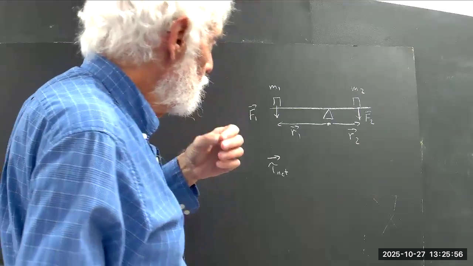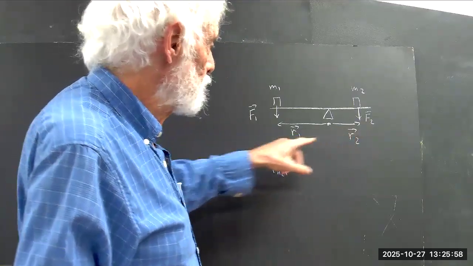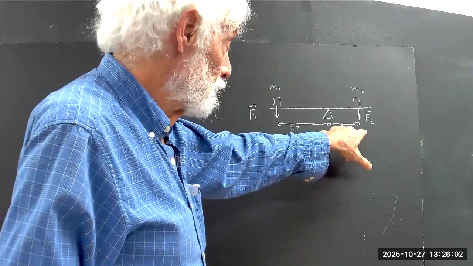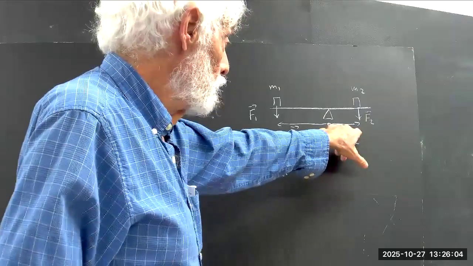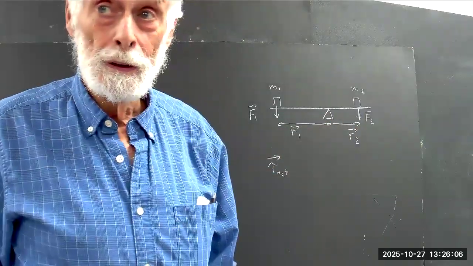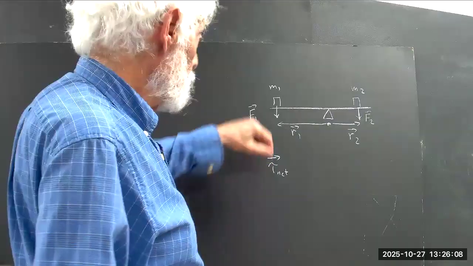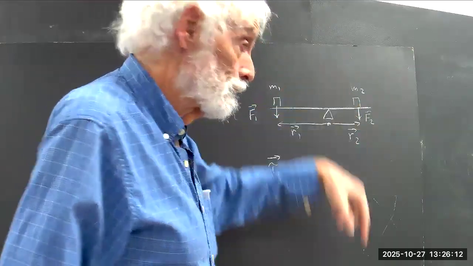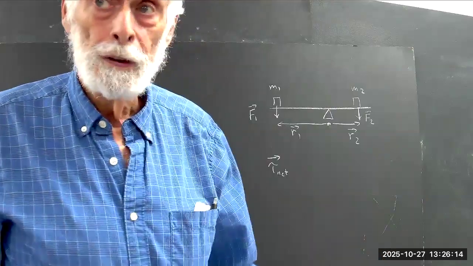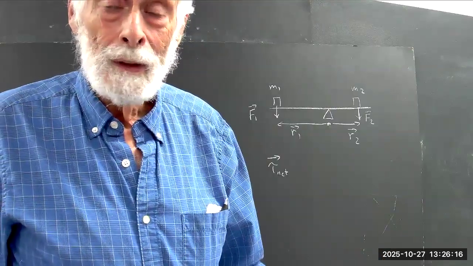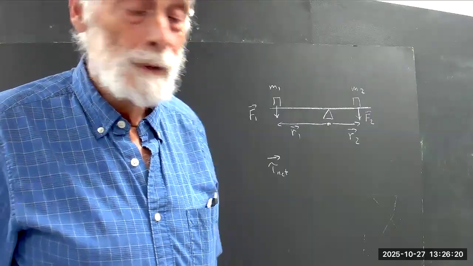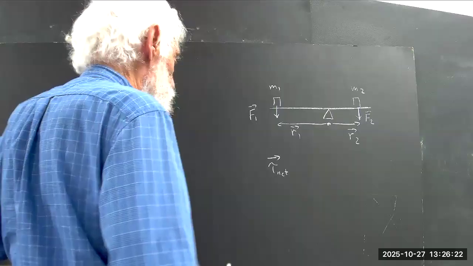Now we actually know that the force F2 has to be bigger than the force F1, the way I've drawn it, because the R2 vector is shorter than the R1 vector. If I multiply this force by this distance and this force by this distance, they've got to add up to 0 if it's in equilibrium. Now, we're not necessarily assuming equilibrium right now, but kind of implicitly we're looking at it.